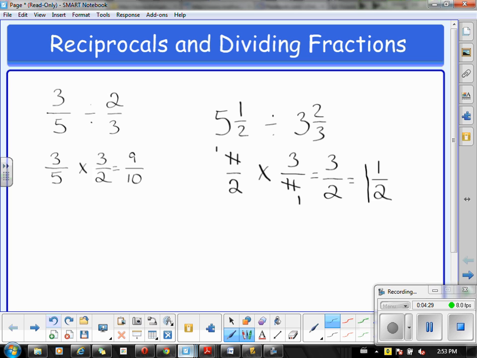Rewrite the first one, change divide to multiply, and write the reciprocal of the second fraction after you've changed it into an improper fraction. Check to see if you can cross reduce, then multiply numerator by numerator, denominator by denominator, and your answer should always be a proper fraction in lowest terms.